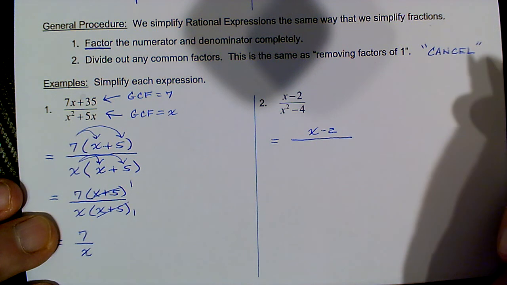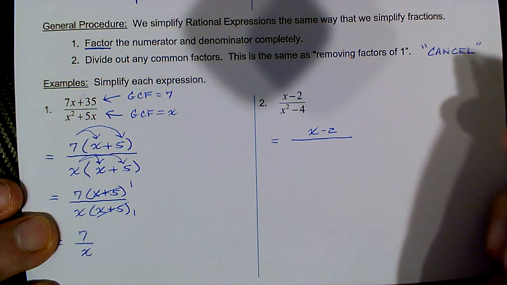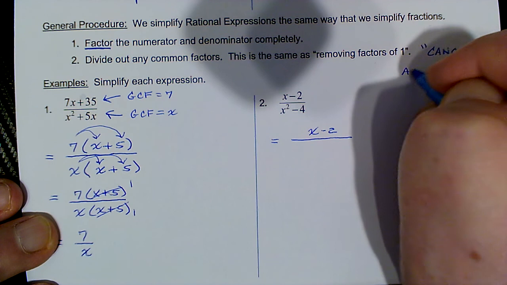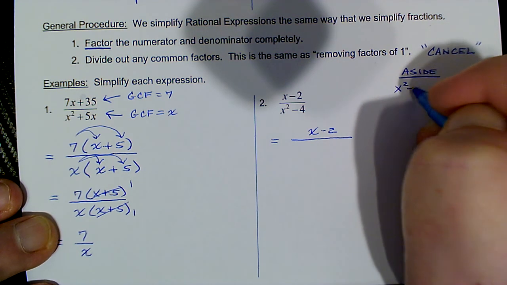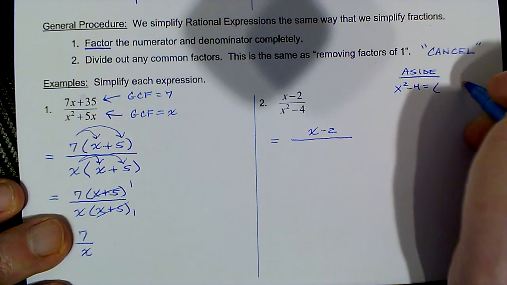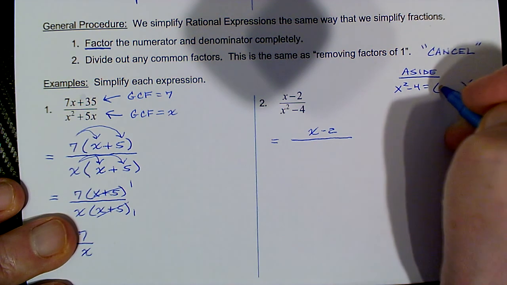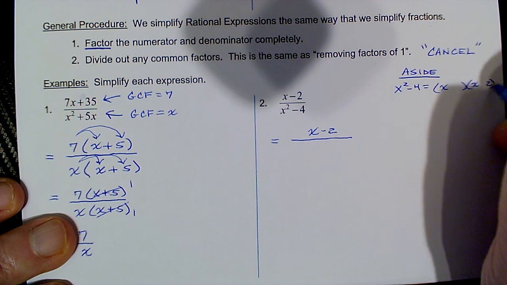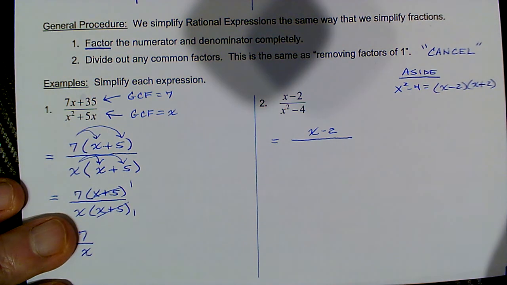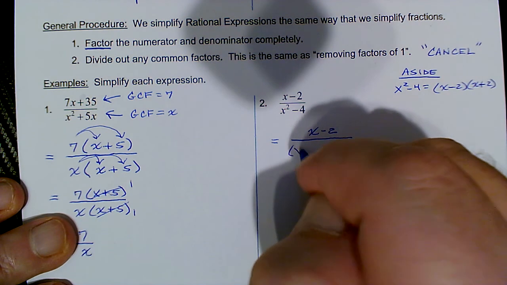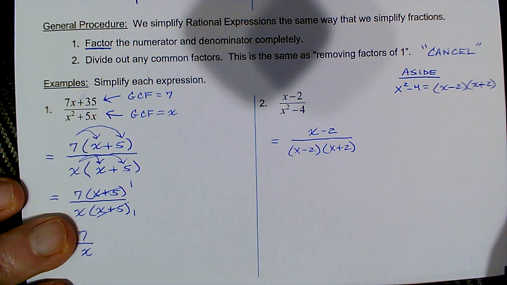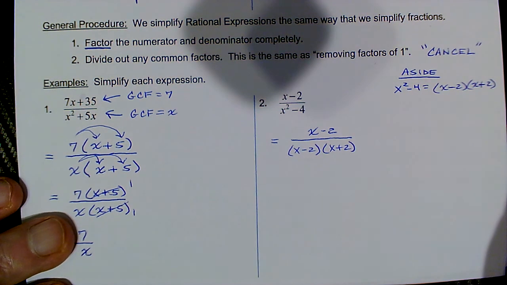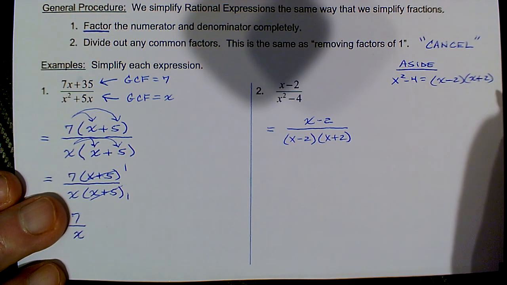So if you want to do this work aside, get scrap paper, x squared minus 4, remember the factorization of that, x and x, 2 and 2, one's negative, one's positive. So we express the denominator as x minus 2, x plus 2, or vice versa, it could be x plus 2, x minus 2. But now we recognize that x minus 2 is a binomial quantity. So we'll put this guy in parentheses.